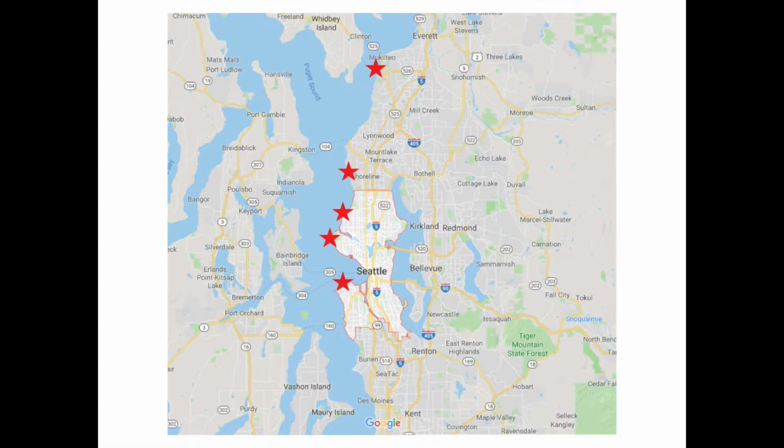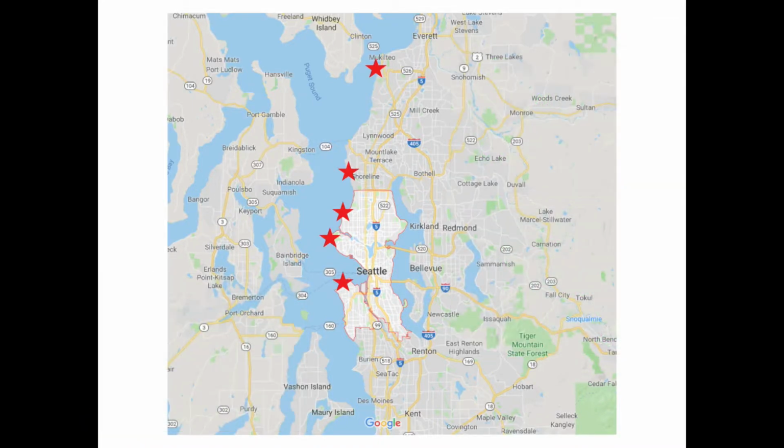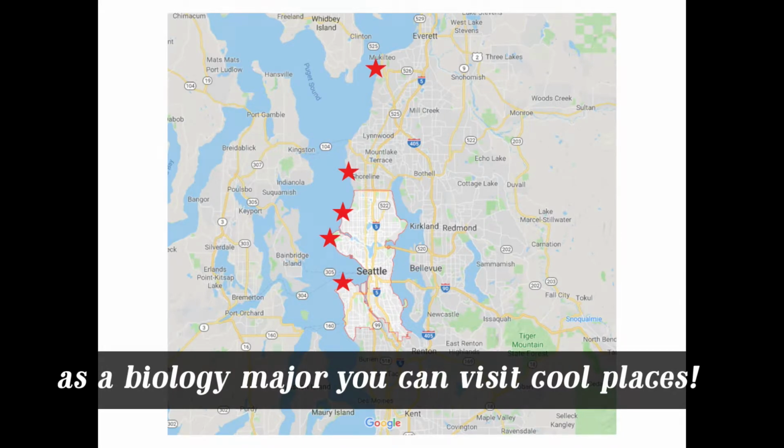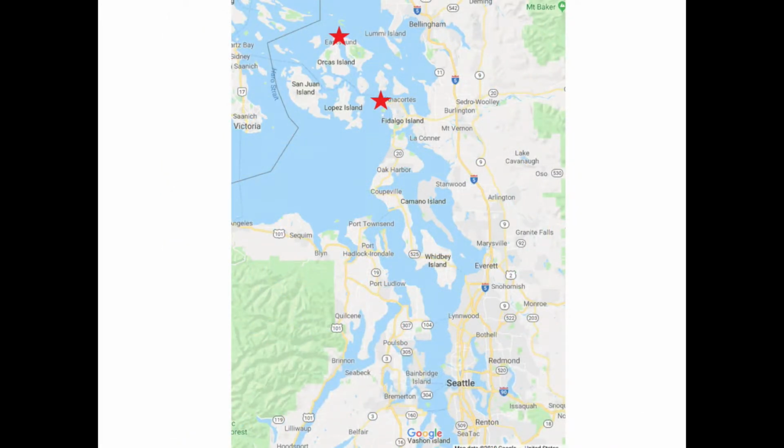Now, this is pretty cool because you can actually inject this protein into another organism. I've seen pigs that actually glow in the dark, and I'll add an image here so you can see that. And so I got to visit a lot of really cool beaches in Seattle, and even further up north into Anacortes and Orcas Island.